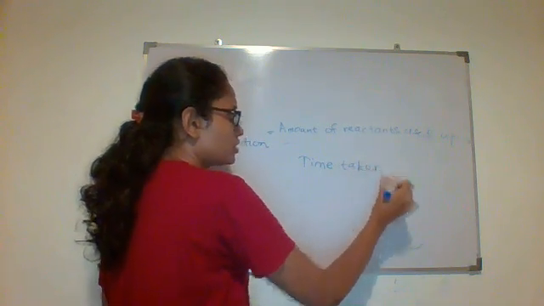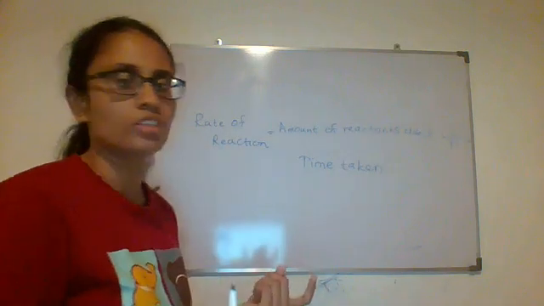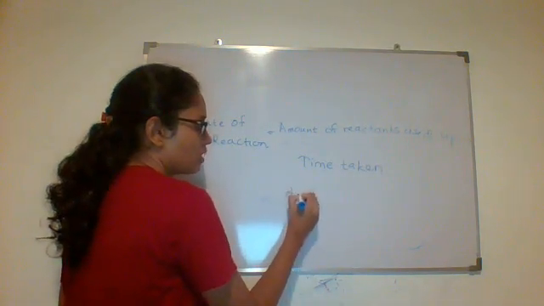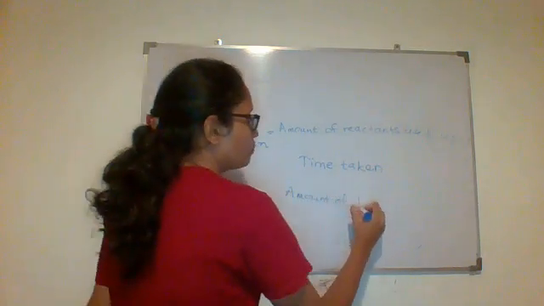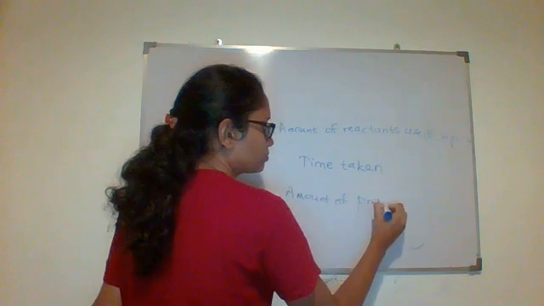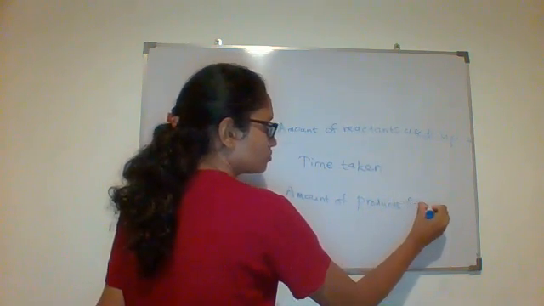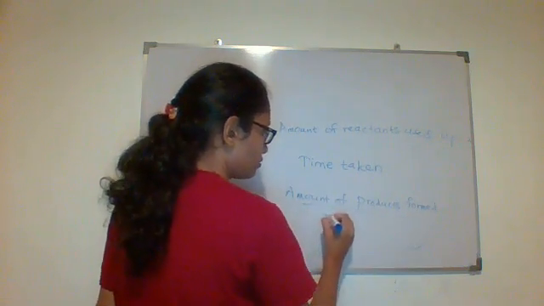And if you are going to get the rate using the products, it will be the amount of products formed divided by time taken.